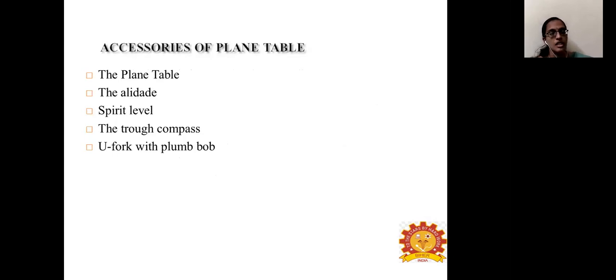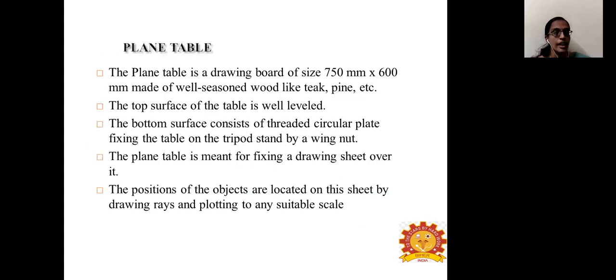The accessories that will be used are the plane table, tally date, spirit level, trough compass, and U-fork plumb bob. So this is the plane table. The plane table is a drawing board of size 750 mm by 650 mm, made of well-seasoned wood like teak, pine, etc. The top surface of the table is properly leveled, and the bottom surface consists of a threaded circular plate fixing the table on the tripod stand by a wing nut.